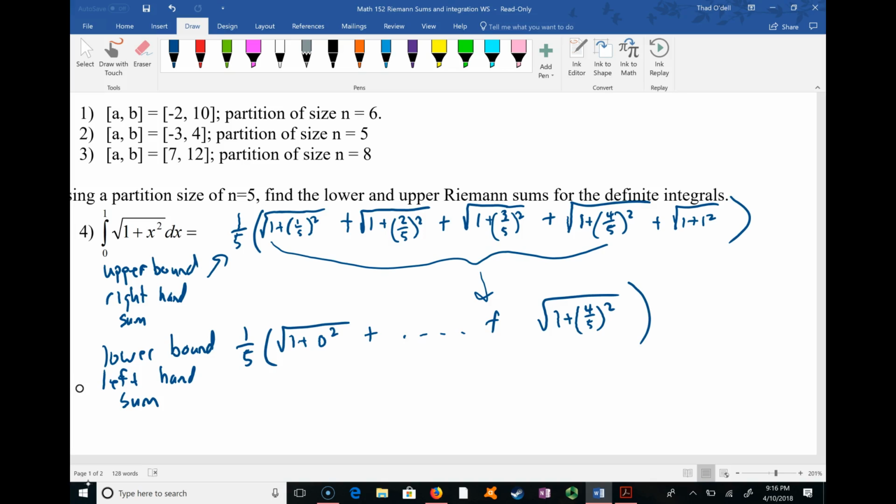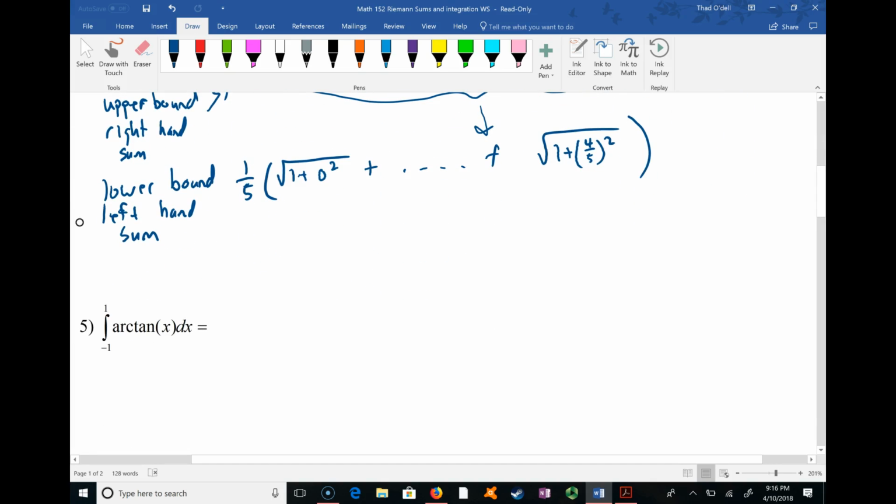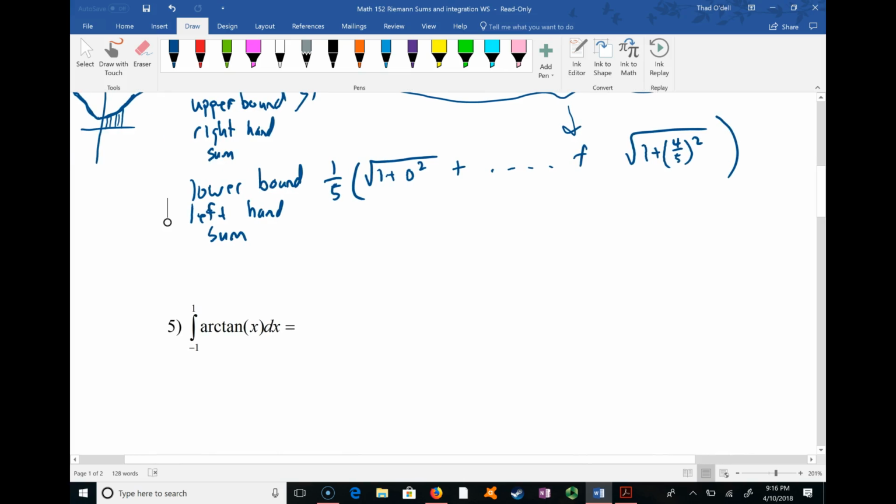Okay, and so again, the connection here is the connection between Riemann sums and integrals. So if we scroll down here, this one, if you don't remember what arctan looks like, it looks basically like this, where this is pi over 2, and there's an asymptote there at negative pi over 2.